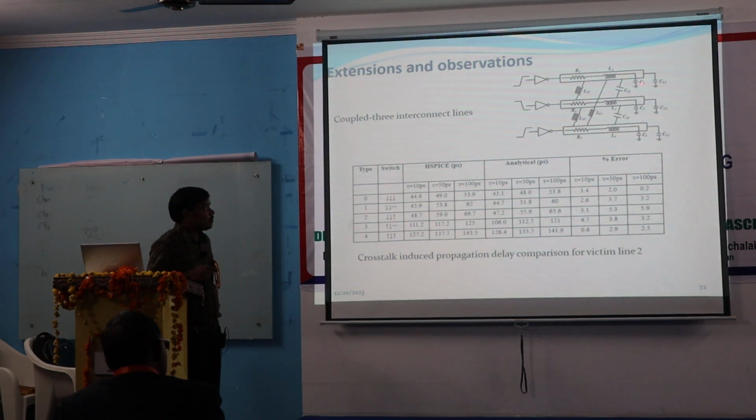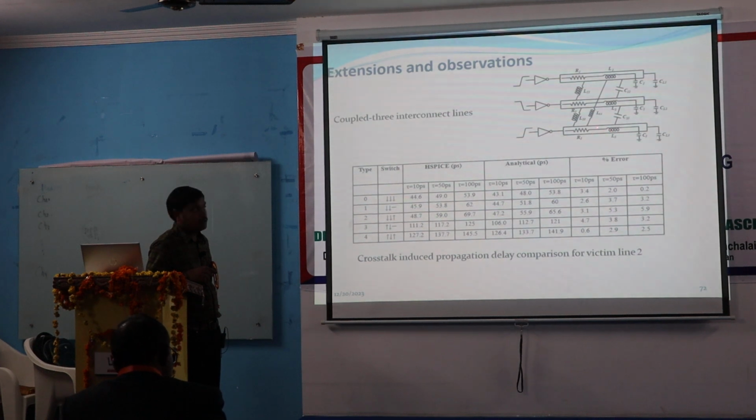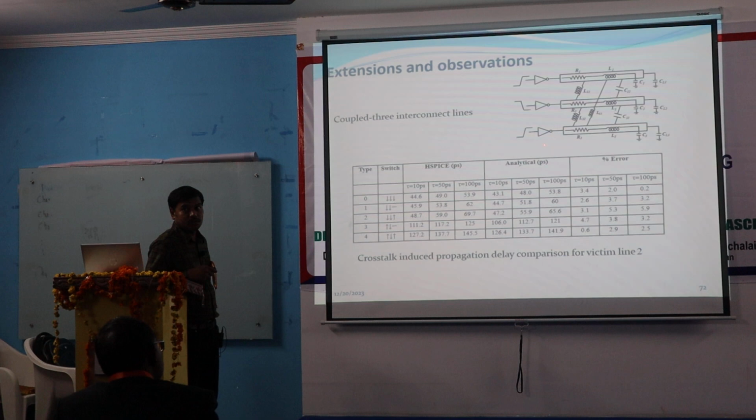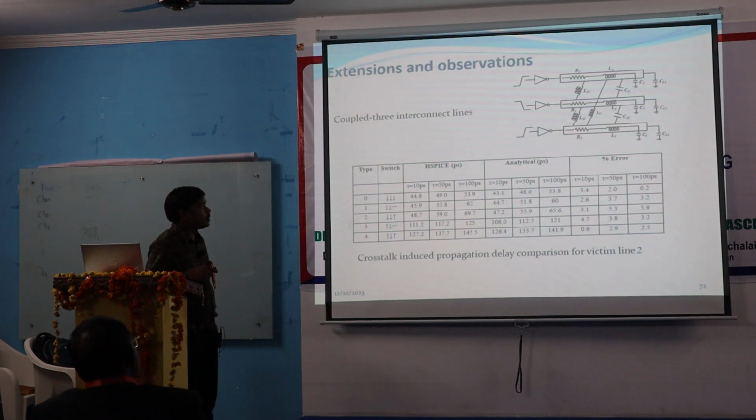But whereas electric field coupling, it is there between 1 and 2, but it is not there between 1 and 3, because all the electric fields will exactly terminate to 2 only. There is no electric field sharing between 1 and 3. That is what I want to convey.